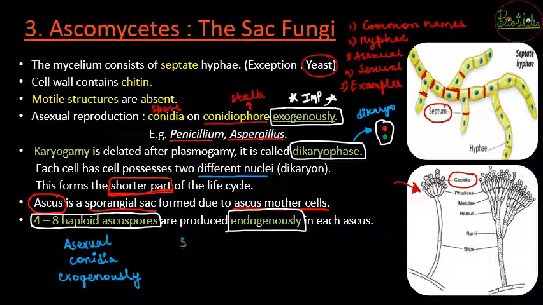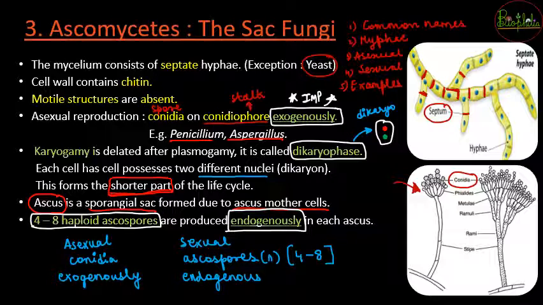Whereas whenever there is a sexual reproduction occurring, तो sexual reproduction जो होगा that is occurring because of ascospores, और ascospores की वजह से ही नाम पड़ा है Ascomycetes. So these ascospores are going to be haploid in condition, और वो कितने बनेंगे? They are going to be 4 to 8 in number. और वो कैसे बनेंगे? They will be endogenously made inside the ascus.